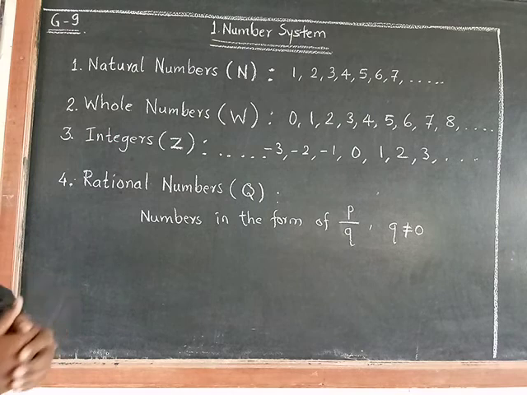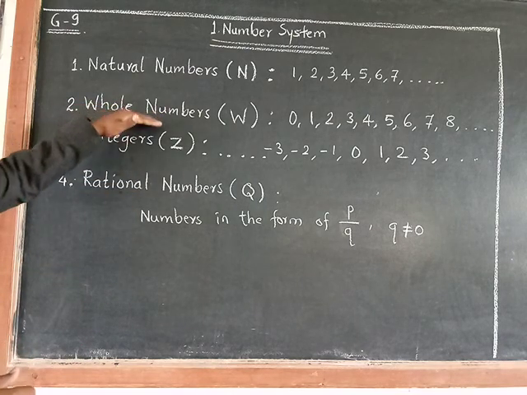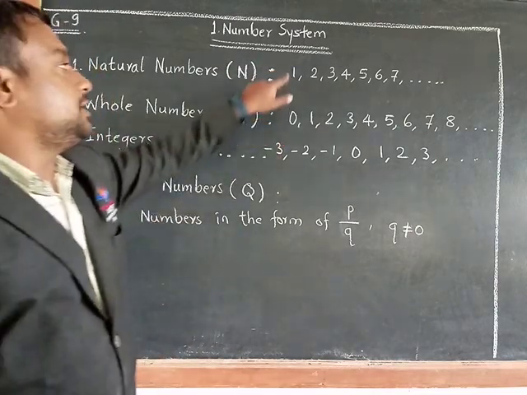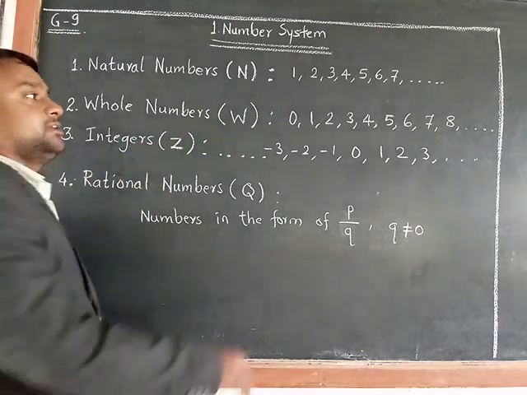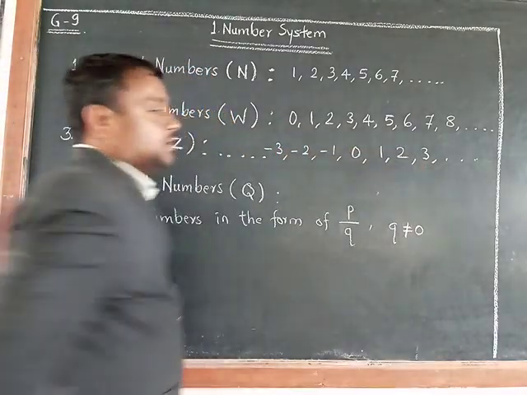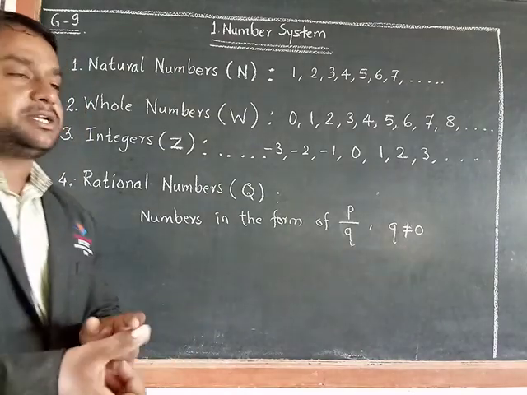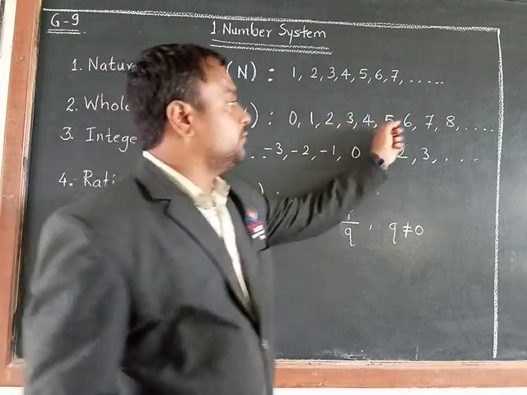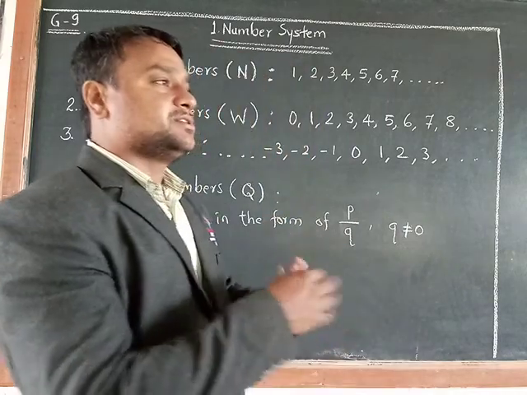Now the second type of numbers, as we are just revising, is whole numbers. If we add 0 in natural numbers, then it is the set of whole numbers. So we just have to add 0 to natural numbers: 0, 1, 2, 3, 4, 5, 6, 7, 8, 9, 10 and so on till infinity.